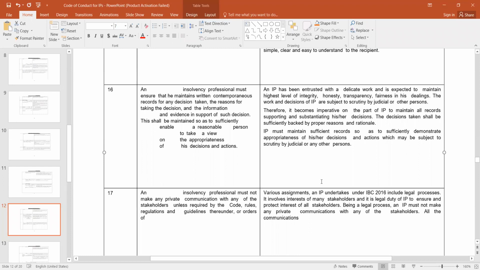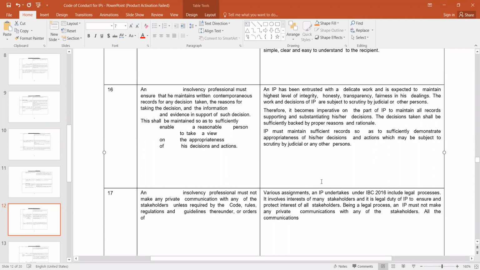Because when you are acting as an IP, you are taking various decisions, and these decisions are subject to scrutiny because various stakeholders are involved, and some stakeholder might complain to the adjudicating authority that he was not appropriate in taking his decision. Then you might be required to prove these things, and that could be when the assignment is already over, say 2 or 3 years ago, because there is a record retention period also.